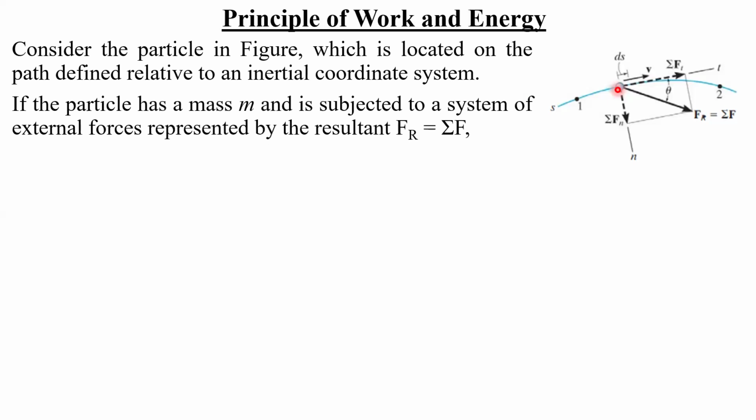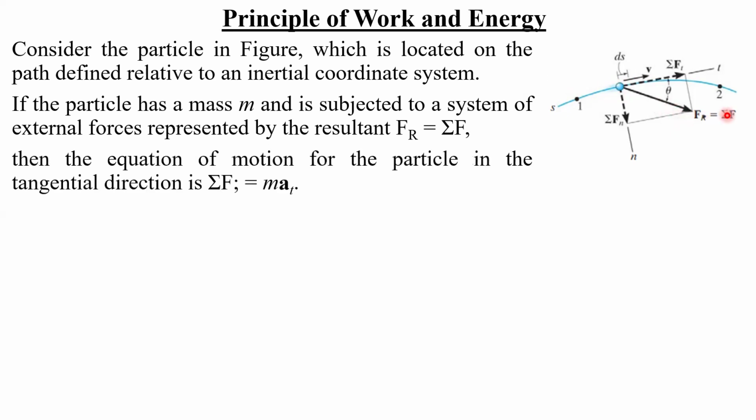So if the particle has a mass m and is subjected to a system of external forces, represented by the resultant force Fr, which is the summation of F, then the equation of motion of the particle in the tangential direction, that is summation F_t, will be equal to m a_t. This is the tangential direction.